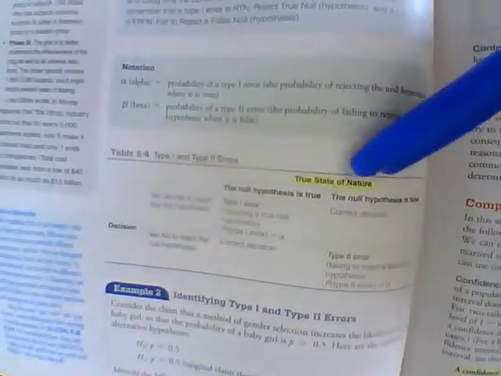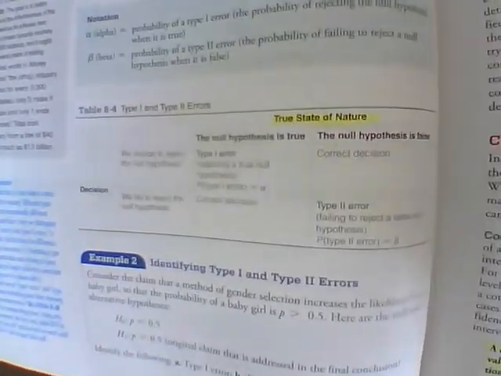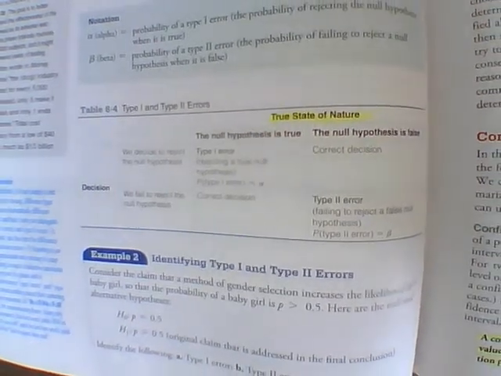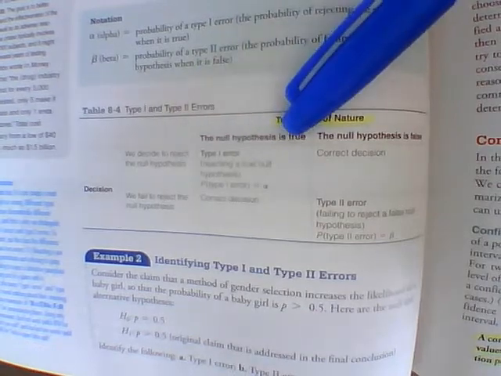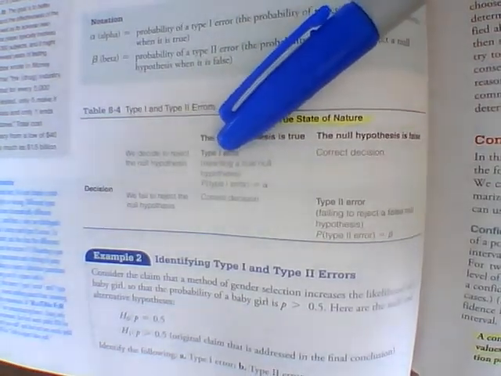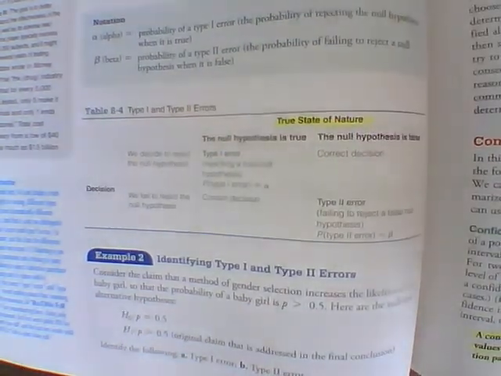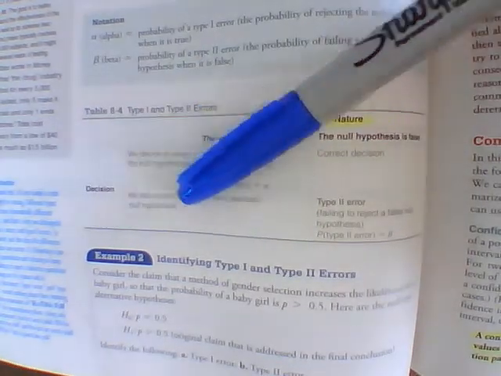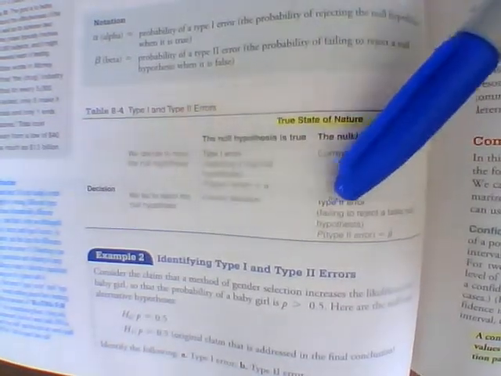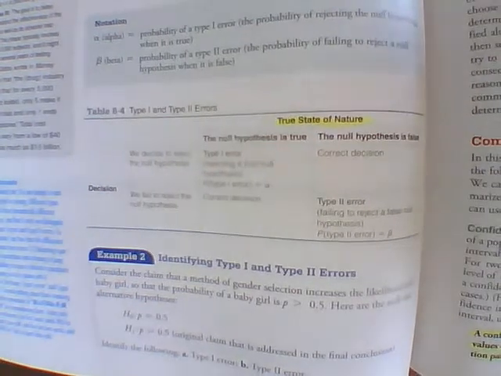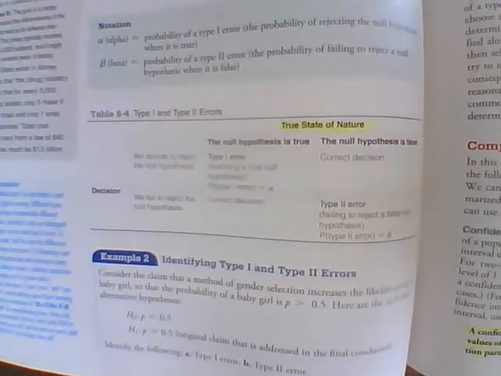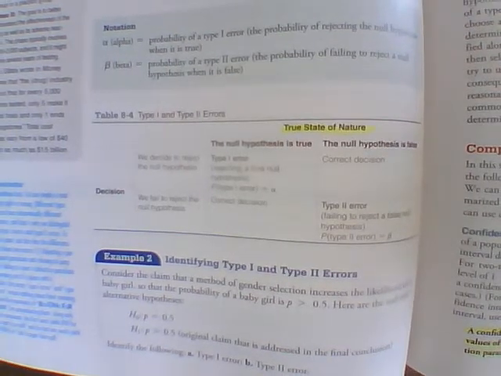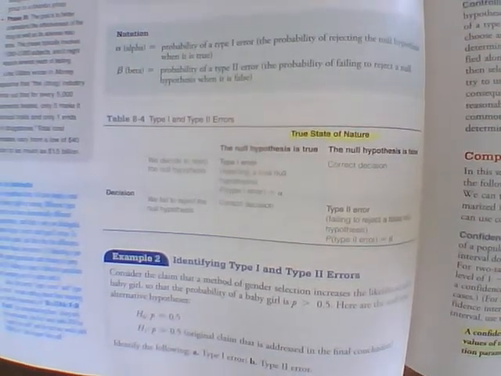So some of the things they start relating to down here is the true state of nature table. We talk about when the null hypothesis is true, rejecting it is a type 1 error, or we fail to reject the null hypothesis, which is a correct decision. Okay, once again, depending upon what's happening in here. And then once again, go through and read some of the examples as we discuss this.